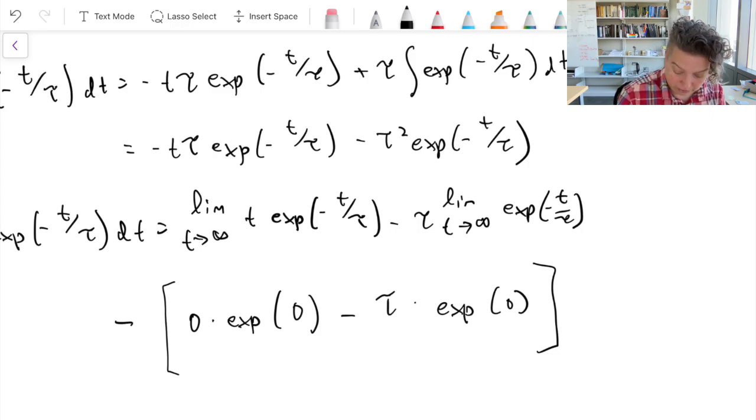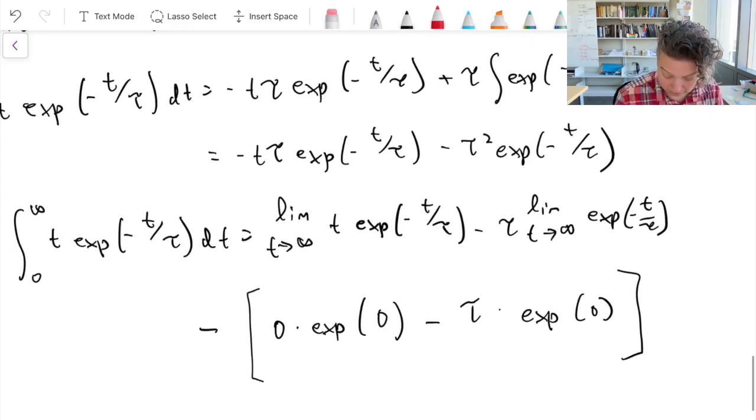Okay, so let's go through and look at these different expressions. T is going to infinity, this term makes that 0. T is going to infinity, this term makes that 0. T is equal to 0, this term makes that 0. Here, tau is just tau at some value. This piece equals 1.